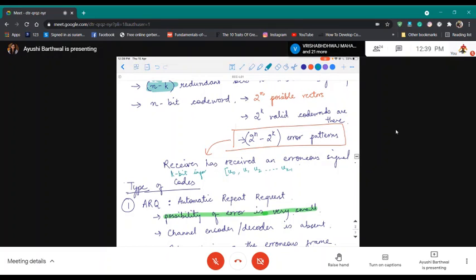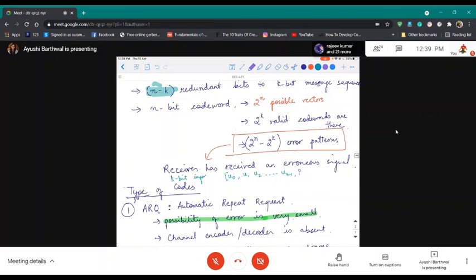If I denote them by P, since they are also called parity bits, we'll call them P1, P2, P3, up till P n minus k.